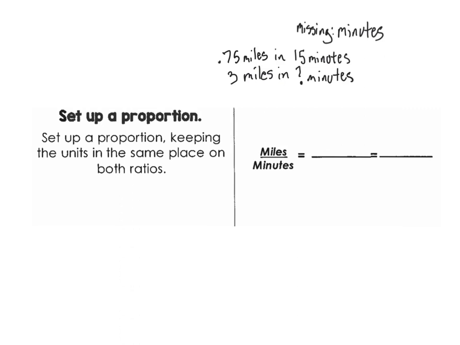So now we need to match up where everything goes. So we have miles right here, and we have minutes right here. The miles are set up to go on the top. So we have 0.75 miles, and we also have 3 miles.